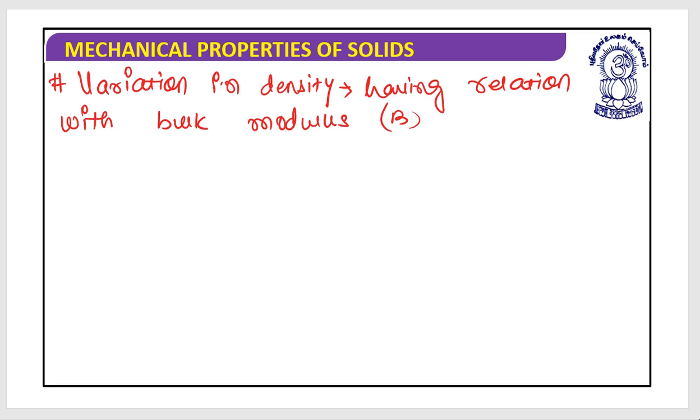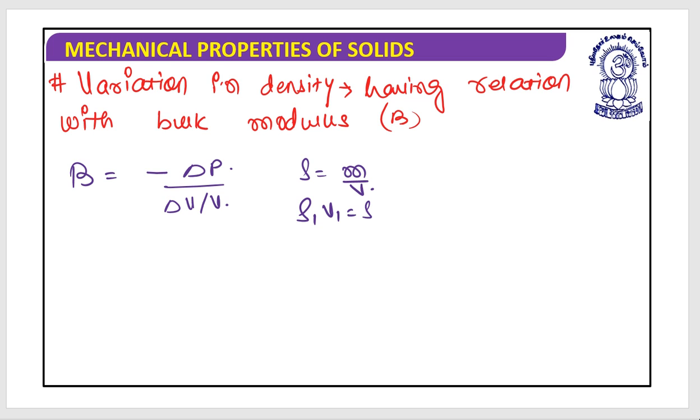So I suppose that B is equal to minus delta P divided by delta V by V. Now we also know that density is equal to mass by volume, and if mass is constant, rho 1 V1 is equal to rho 2 V2. So from this I can write rho into V is equal to constant.